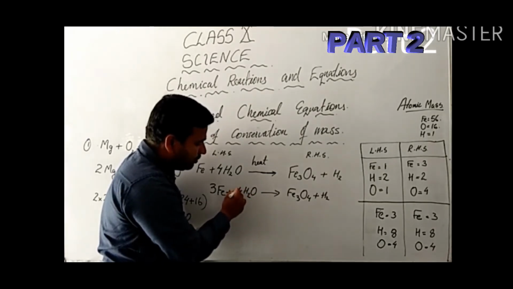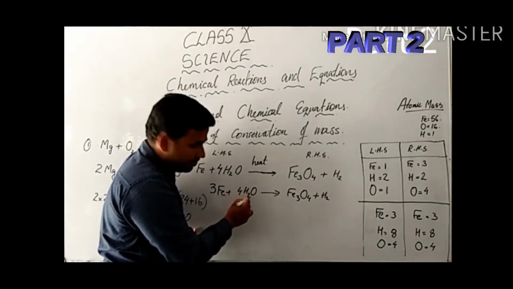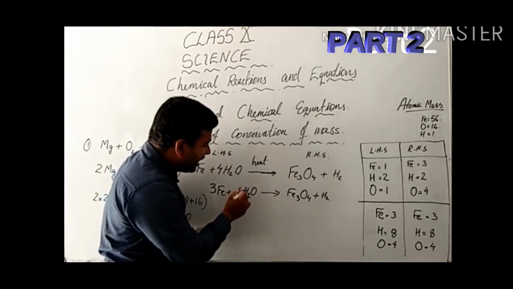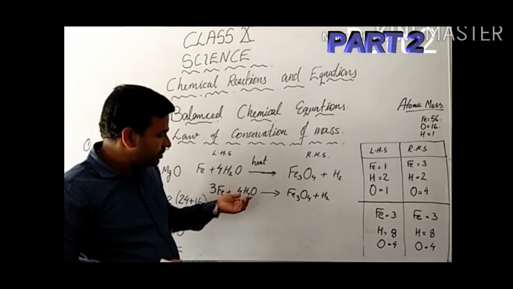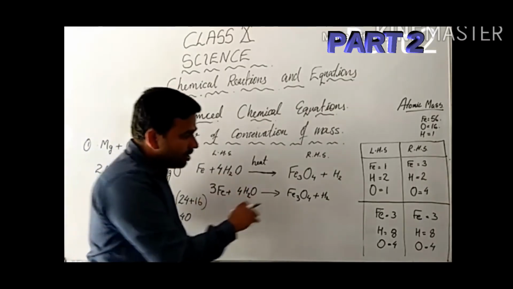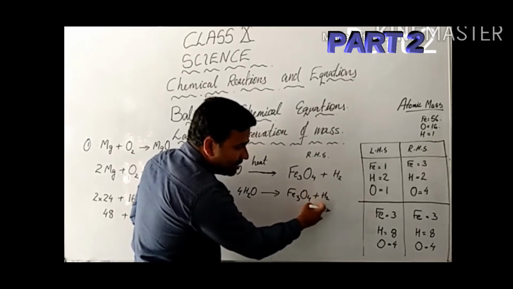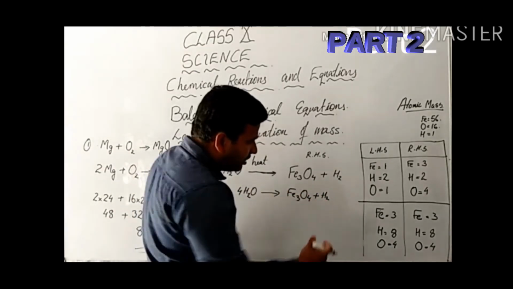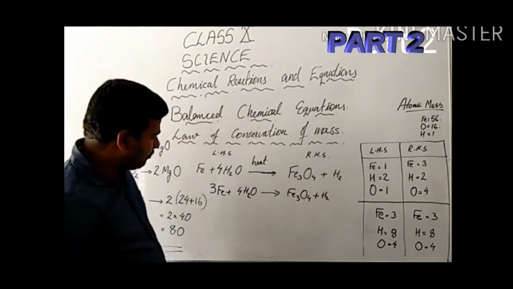Here you need to multiply this 4 with the subscript 2: 4 into 2, 8 atoms of hydrogen are present on the left hand side. So to balance, on the right hand side we also need to make 8 atoms of hydrogen. Then only the equation will get balanced.